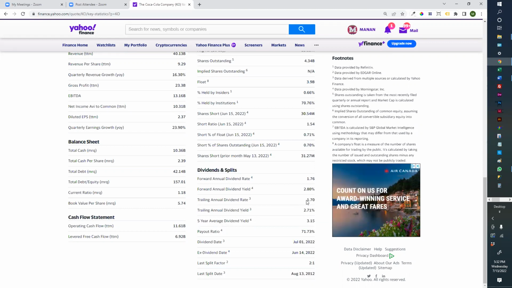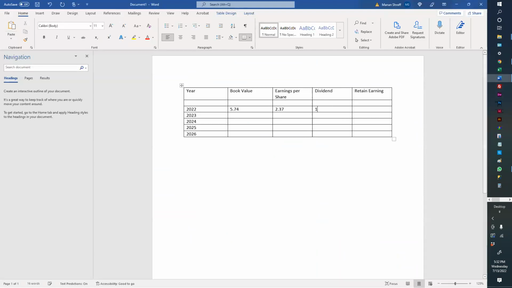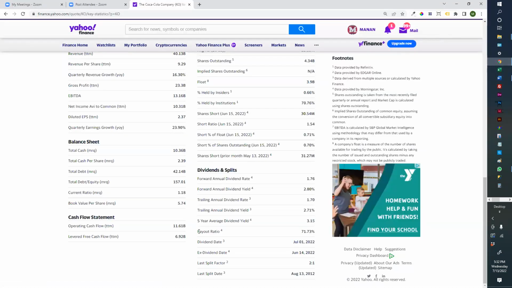From $2.37, it is paying $1.70 in the form of dividend. Out of $2.37, it pays you $1.70 back. This is called the payout ratio, and it's 71%.